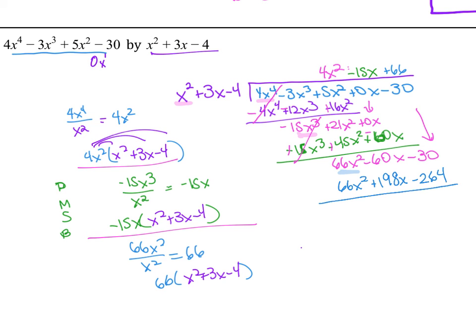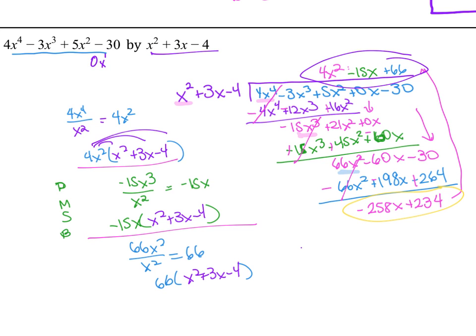Then you subtract, so you change all the signs to opposite. So when you do that, you will find your answer will be negative 258x plus 234. So that is our remainder, the remainder that we're going to add to our quotient. So let's write the final answer. It's the quotient plus the remainder over the divisor, right? Remainder over our divisor.